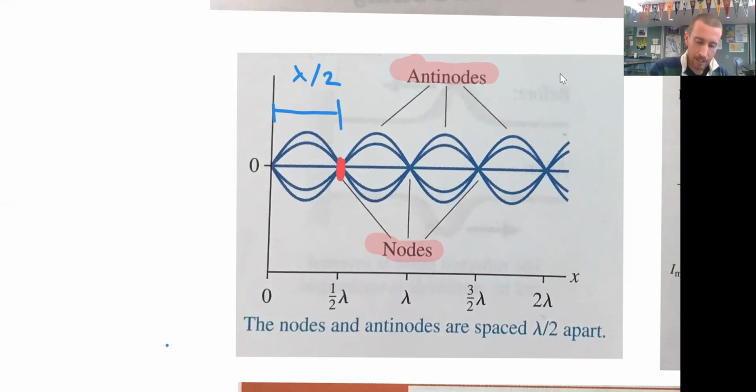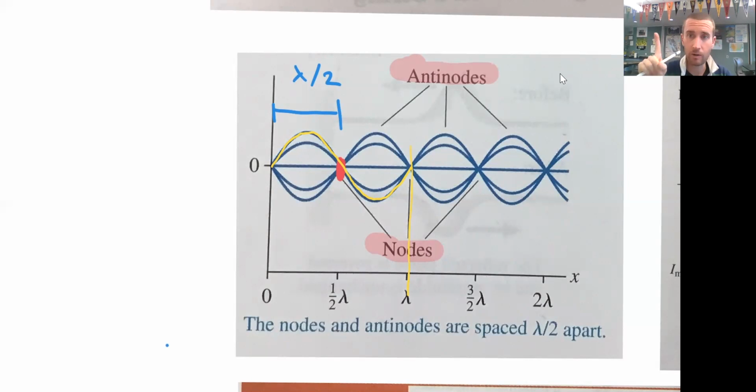Now remember that a full wave has 1 crest and 1 trough. So that would be 1 full wave in yellow, and you realize that is 2 antinodes, 2 bumps. So 1 full wavelength is 2 bumps. So half of a wavelength is 1 bump.